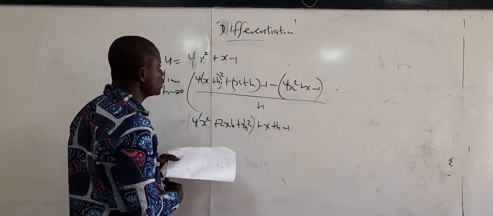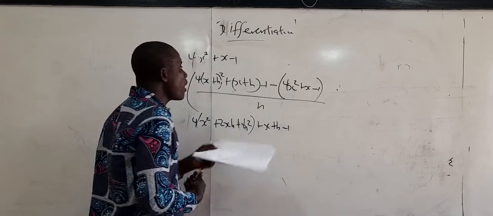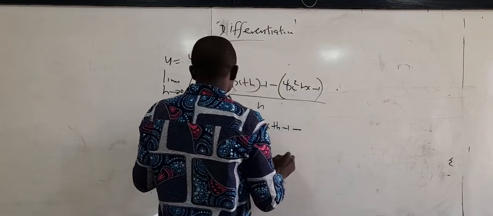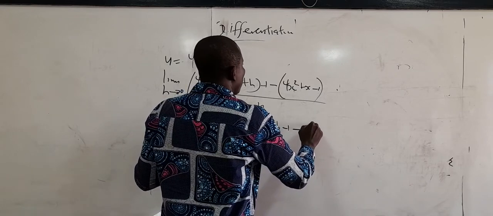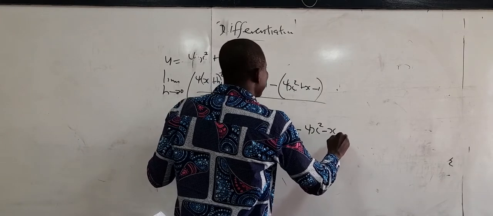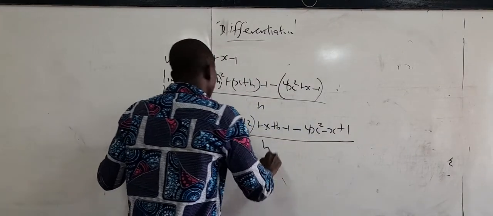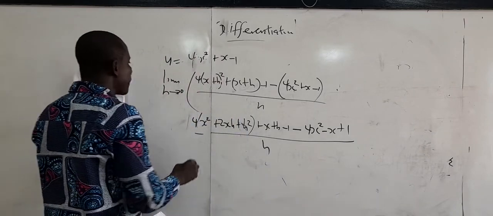Okay, so this is where we are. This is that, minus 1, minus 4x squared. This minus is affecting the rest, so here is also minus x, then here becomes plus 1, all over h. So now let's open the bracket.